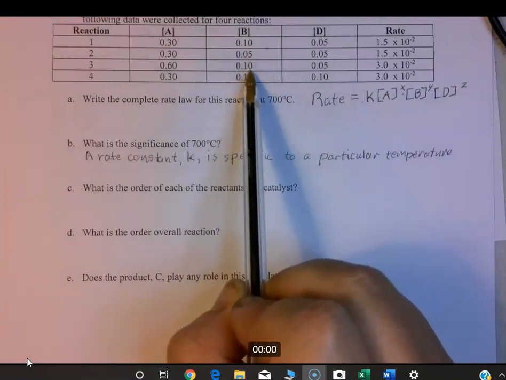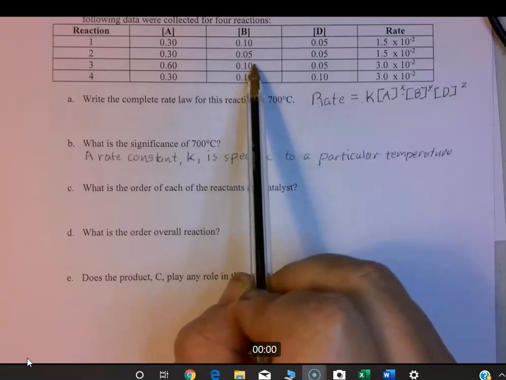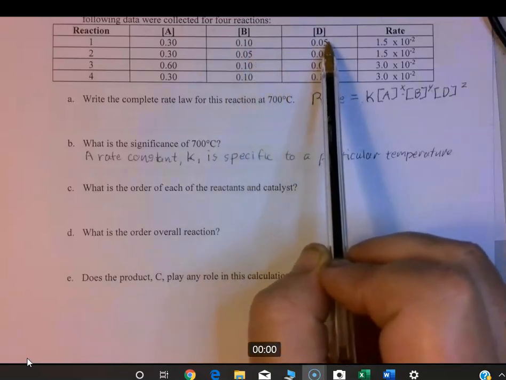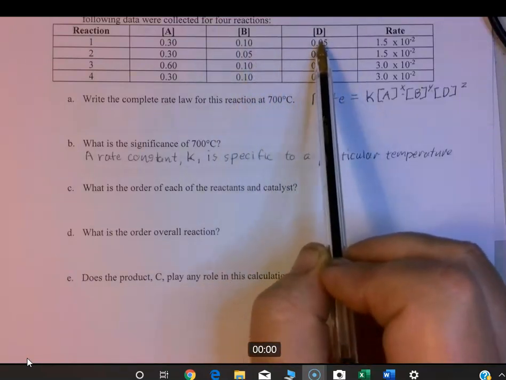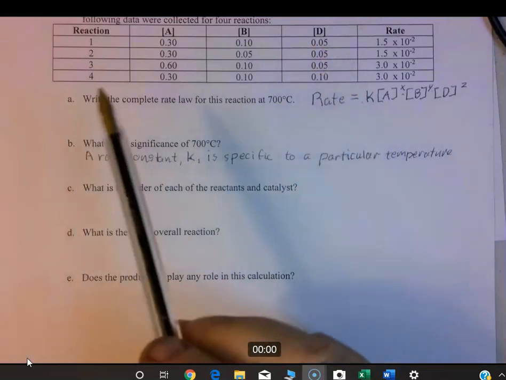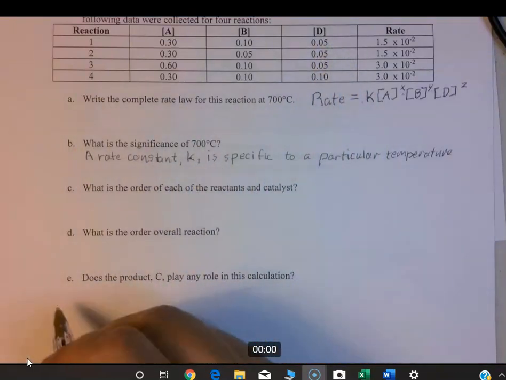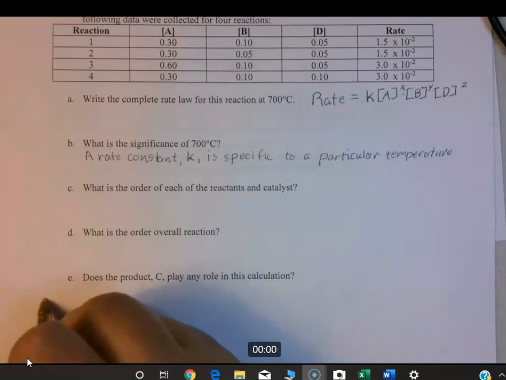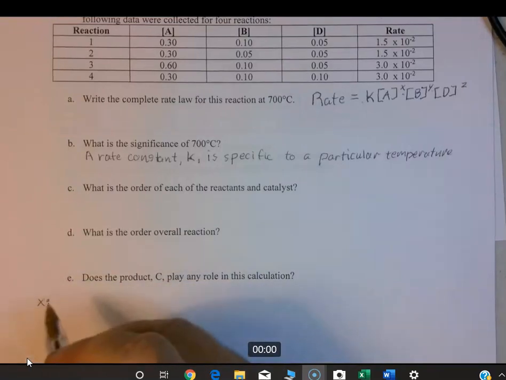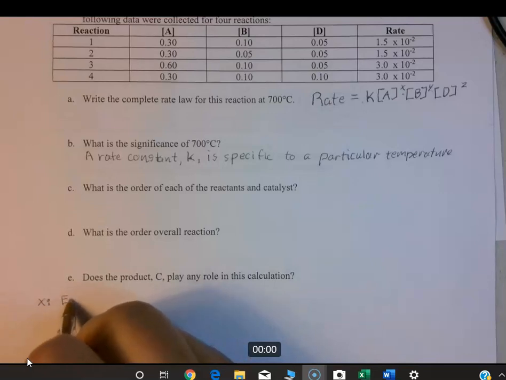It's 0.1 in both equations 1 and 3, and D stays constant. It's 0.05 in both equations 1 and 3. So we're going to use equations 1 and 3 to find x. I'm just going to put x over here because that's what we're trying to find.